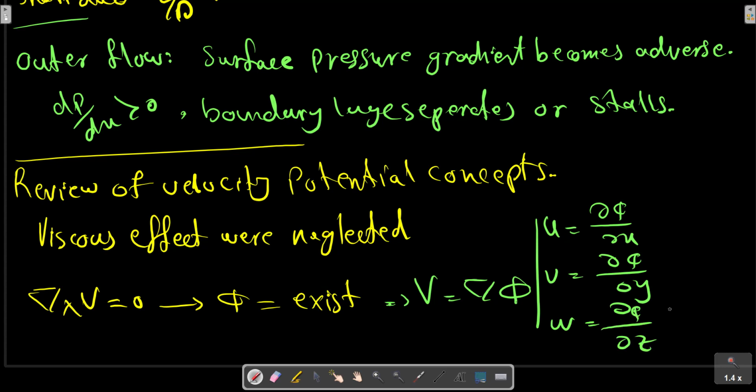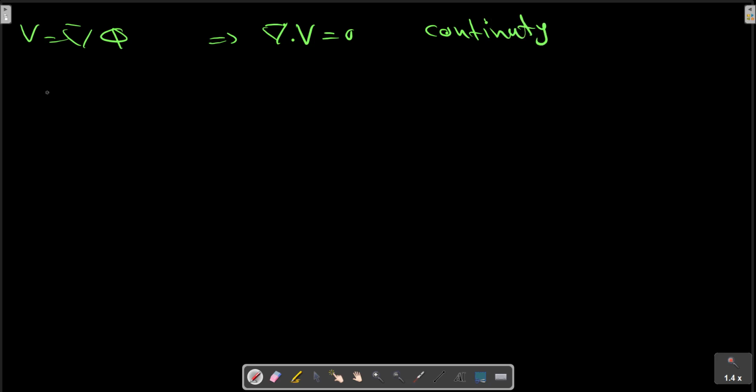The continuity equations. So let me write again. The continuity equation is for inviscid and irrotational flow. We have this relation for continuity. So we can write del squared phi equals 0.